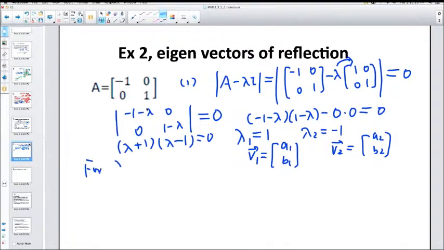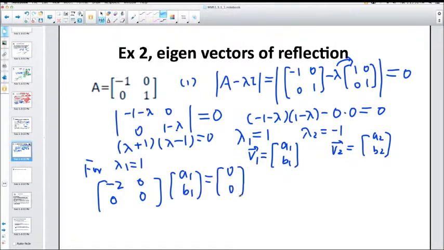For the first one, you plug in lambda equal 1 to this equation here. If we put in 1, -1 minus 1 is -2, 0, 0, 0, and times this vector should equal 0. That's a 2 by 2 system of equations.